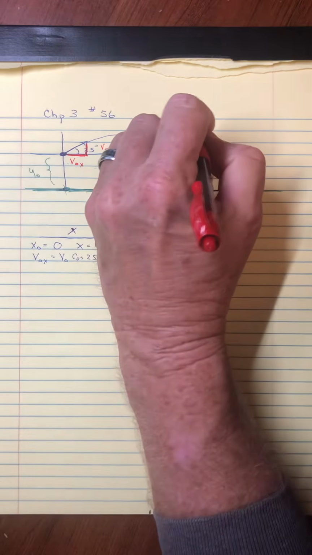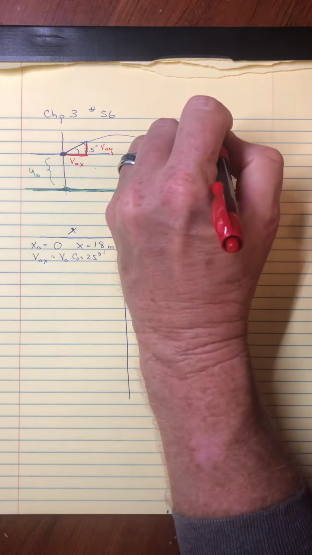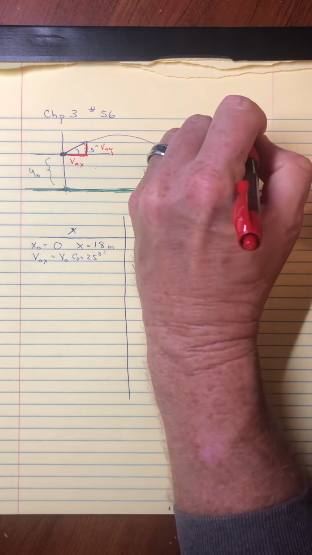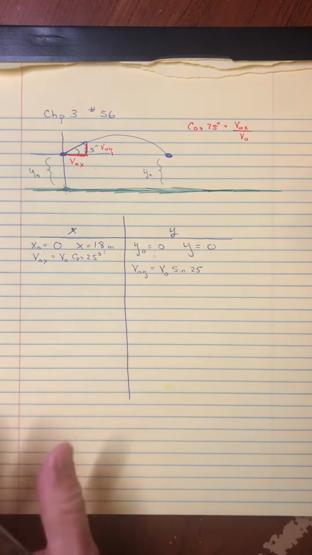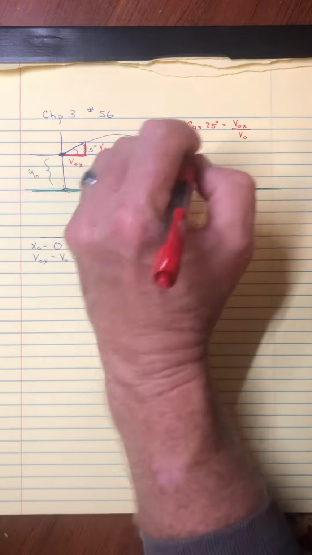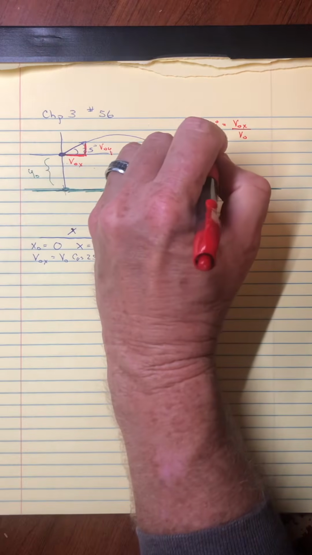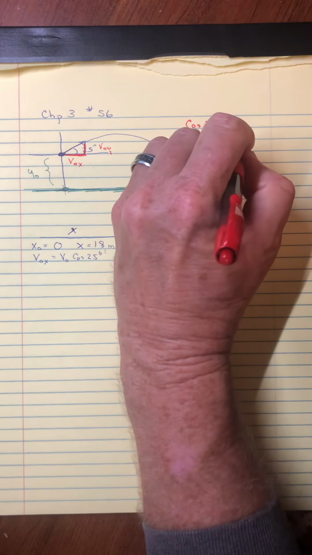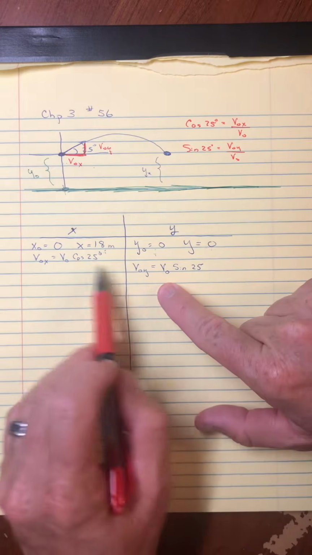So that cosine of the angle, 25 degrees, would be the speed in the x direction divided by the total speed. It would be adjacent over hypotenuse. And the sine of 25 would be the speed in the y direction over the initial speed. So that's how I got this statement.